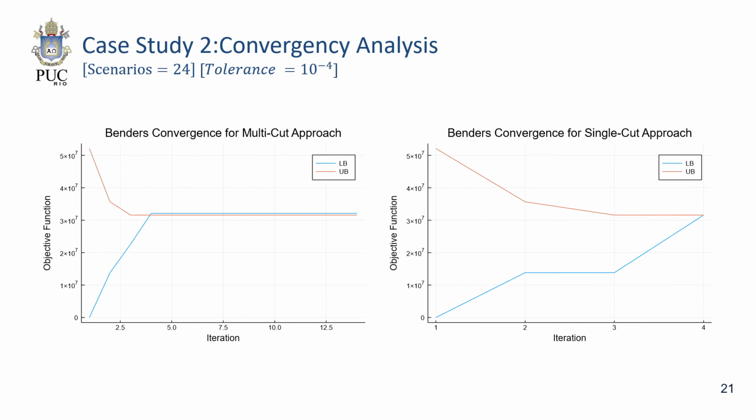For the 24 scenario tests, we see that the single cut was able to achieve optimal solution, but as we discussed before, the multi-cut did not achieve the tolerance that we wanted, so it was lost, and it wasn't able to achieve it.